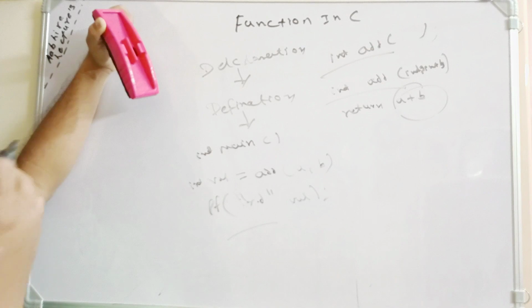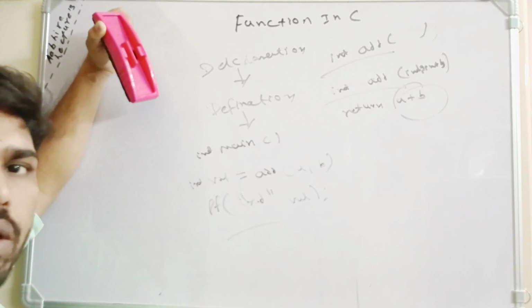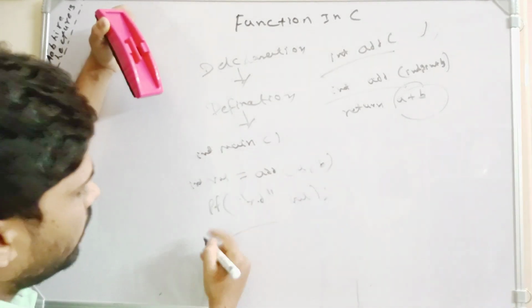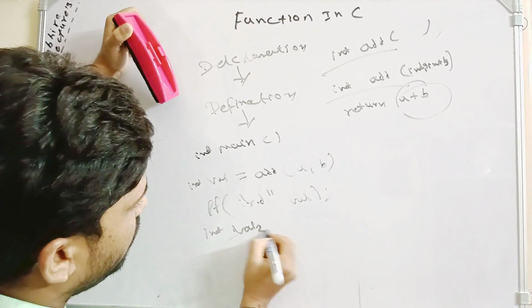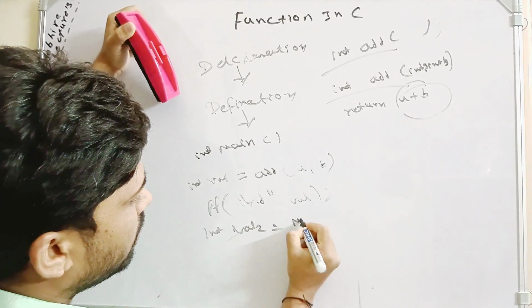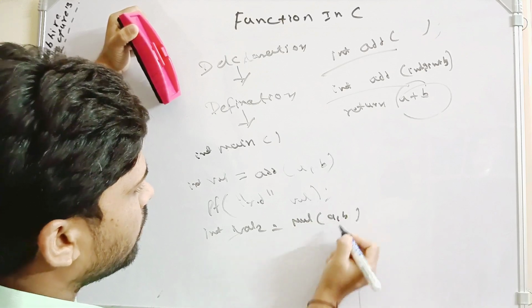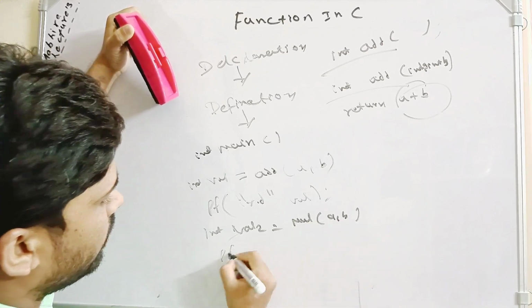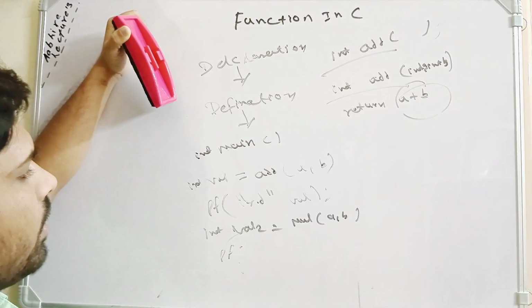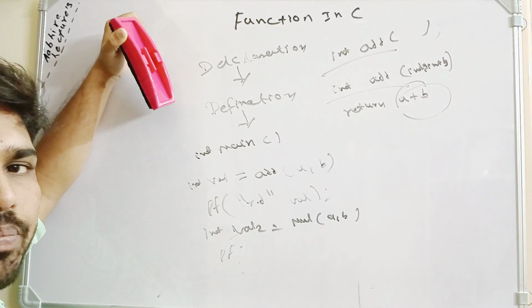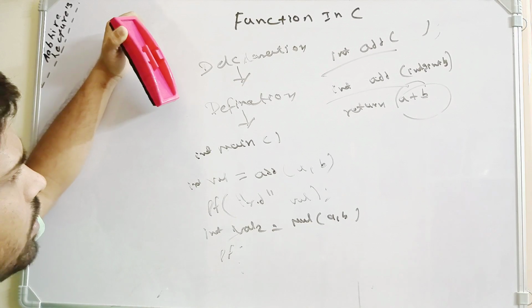We can call multiple functions in the main function. You can also write another function, multiplication of a and b, and print. So you can call a number of functions in the main function. So this is the function in C.